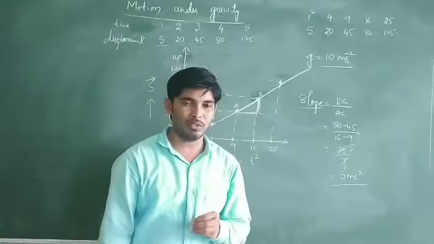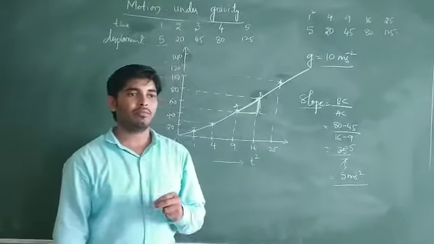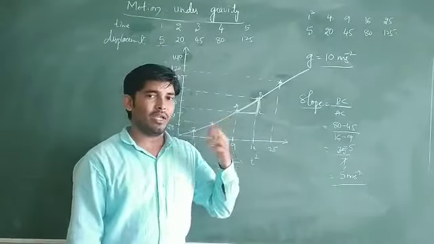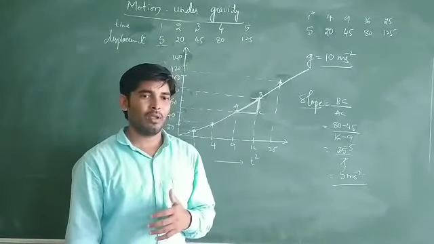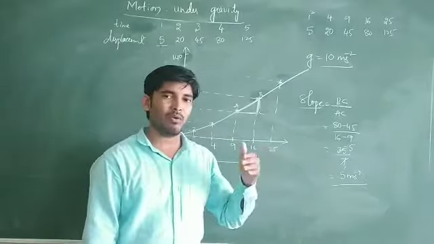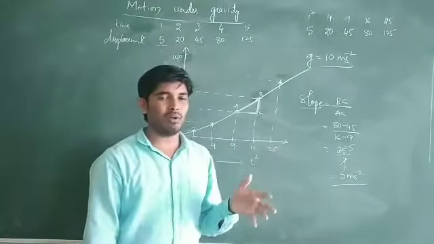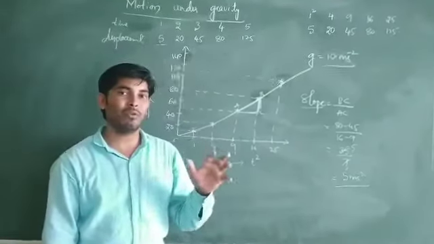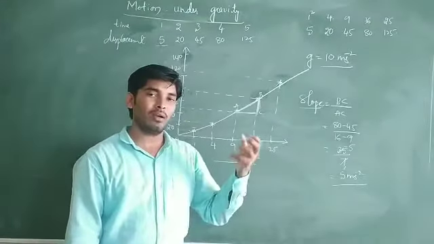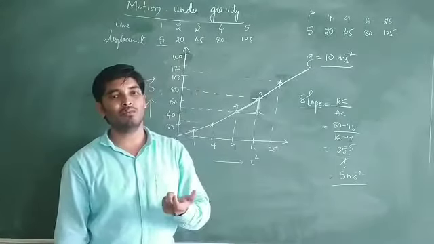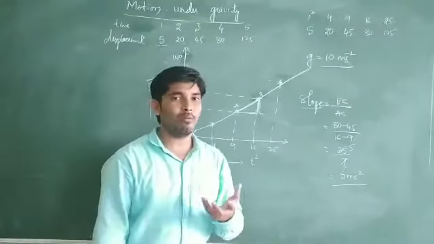So let me revise once again what I have explained today. First we plotted the acceleration time graph for different cases: when a body is at rest, when a body is moving with a uniform velocity, when a body is moving with uniform acceleration, when a body is moving with a uniform retardation, and when a body is moving with non-uniform acceleration.